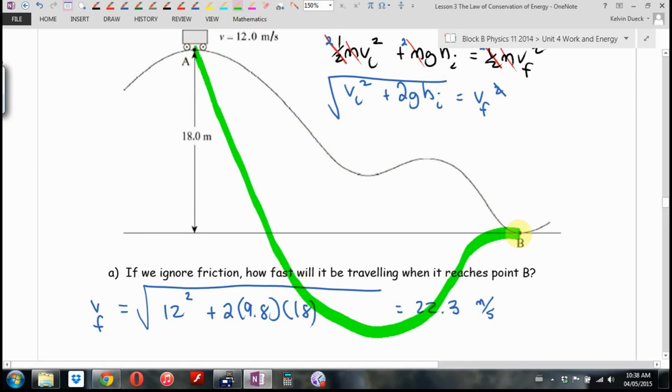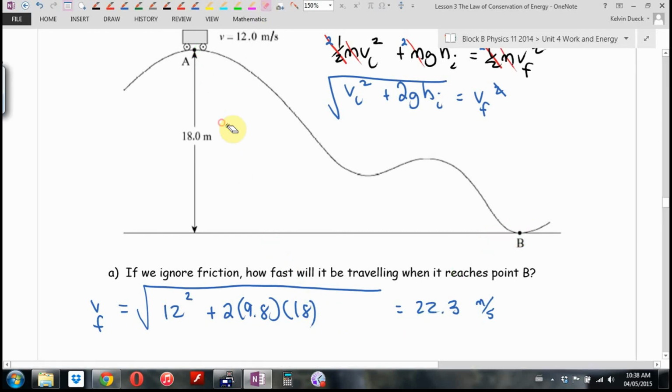I'm telling you, whatever speed you gained going lower, you'd lose exactly that same amount getting back, and you'd still end up at 22.3. And this is why work and energy are such nice concepts to deal with. They let you look at really complicated situations where if we tried to do them with D equals VIT, VF, the vector stuff, and forces, it'd be a little ugly.